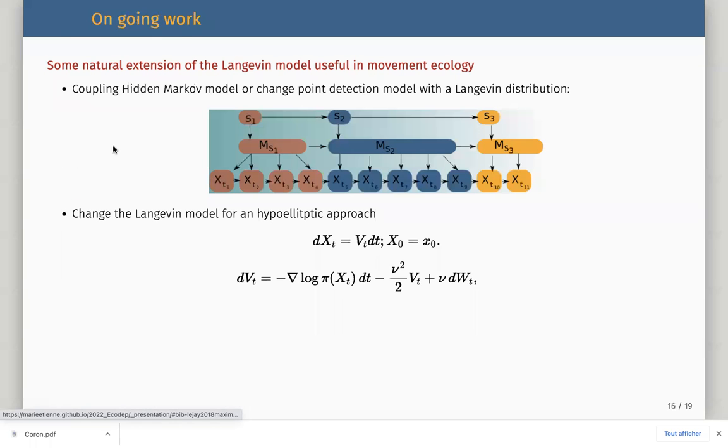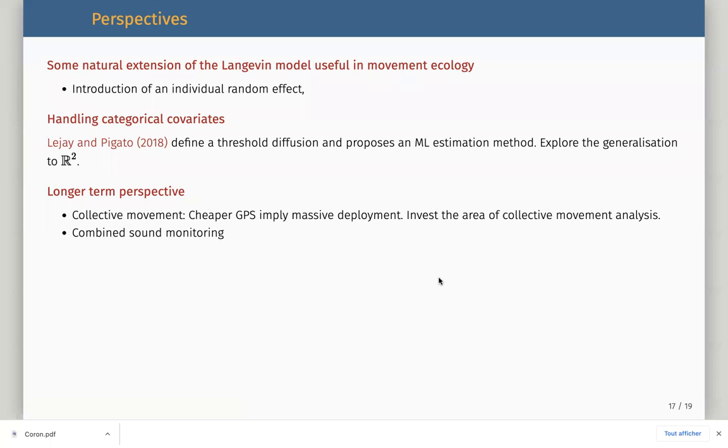Because for the moment, with the model we are using, you just react to the local environment, and the idea is to include some sound monitoring in the modeling approach, so you can account for, I don't know, when you hear some distant predator. And that's it. Thank you for your attention.